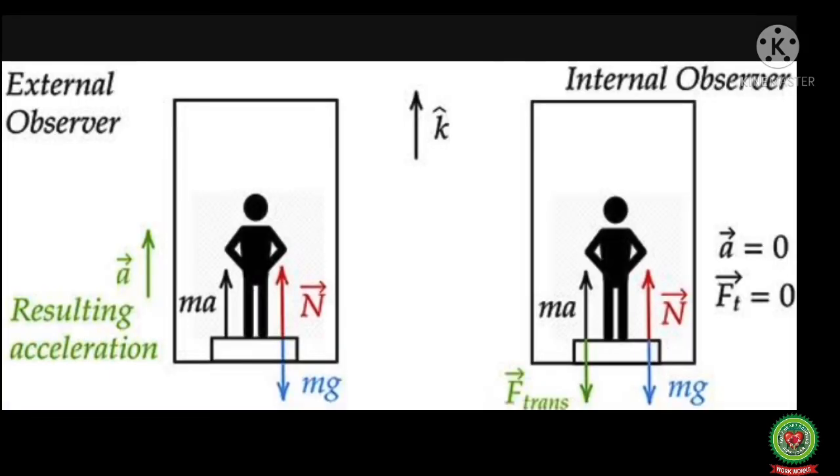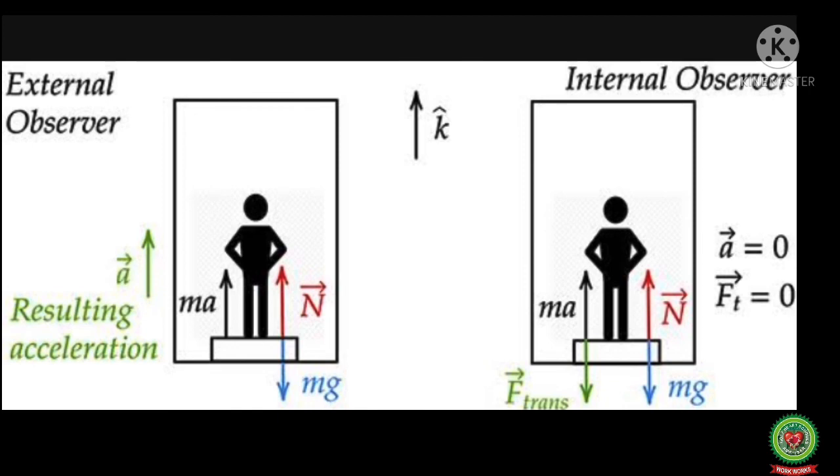In an accelerated frame, even if no external force acts on a body, it will appear that a force is acting on it. Such a force which does not really act on a particle but appears due to the acceleration of the frame of reference is called false force.